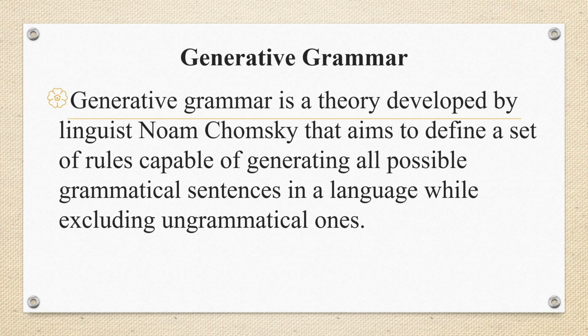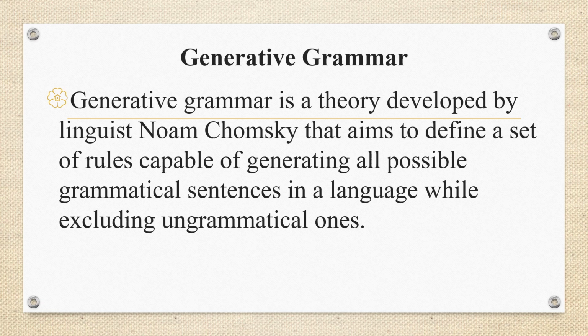It focuses on the underlying cognitive structures that allow humans to produce and understand sentences. The goal of generative grammar is to understand the mental mechanisms that govern language use and to develop a formal model for linguistic competence. That is, the innate knowledge a speaker has about their language.